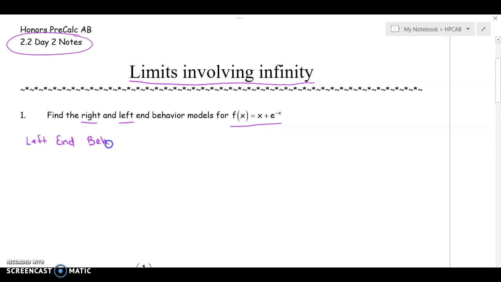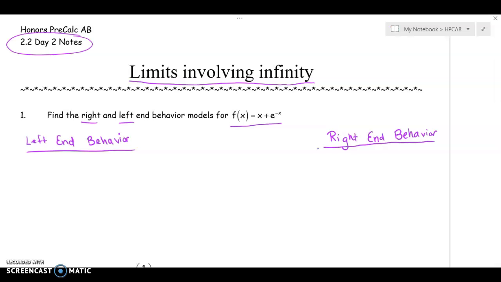So what we're finding is, what does the left half of the graph look like? And the right end behavior is looking at the right side of the graph and determining what that looks like. And we're going to be writing them as an equation.